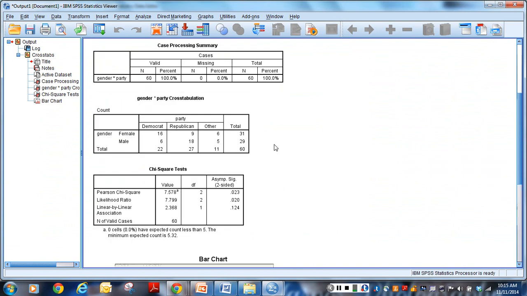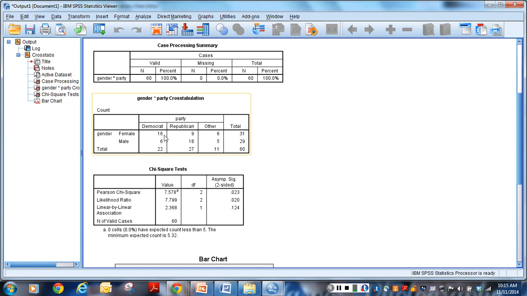Alright, let's begin by inspecting the cross tabulations table. And notice this is the table where I was saying that you should have a minimum of at least 5 in each cell. Each cell should have a count of at least 5. And so we do. 5 is our minimum here.